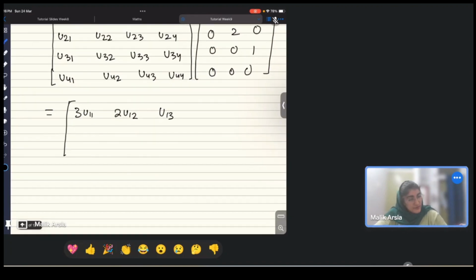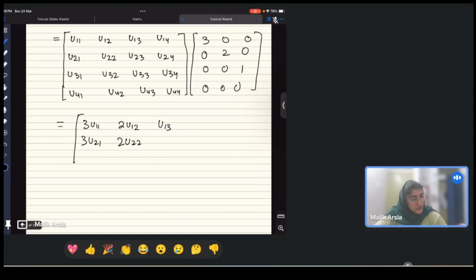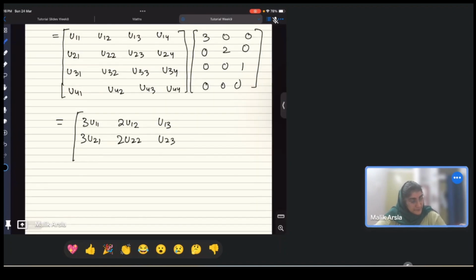That will be 3 times U21, twice U22, U23. The third row will be 3 times U31, twice U32 and U33. And the fourth one will be 3 times U41, twice U42 and U43. Please correct me if I am doing a mistake anywhere. You can do it on your own and then we can cross check.